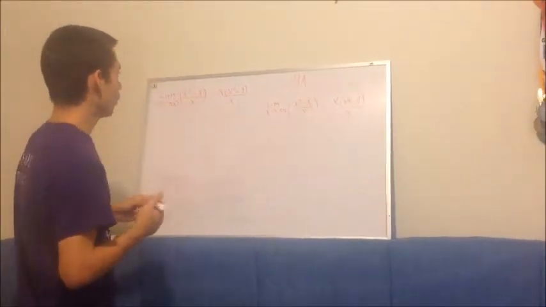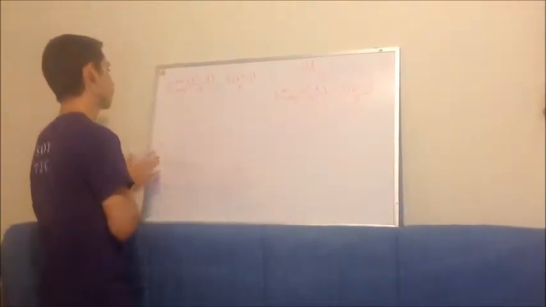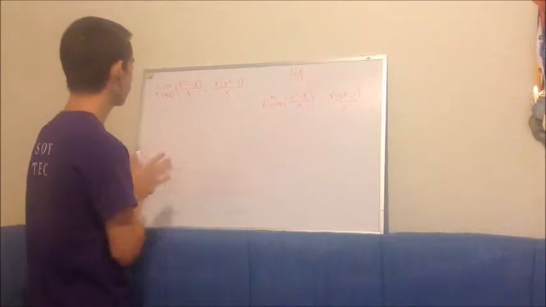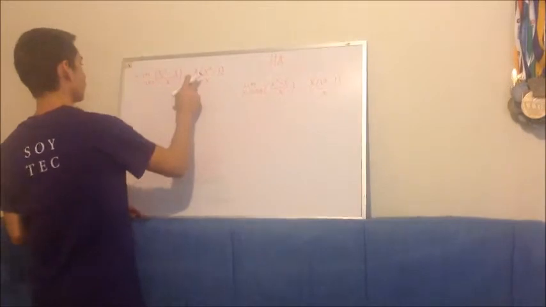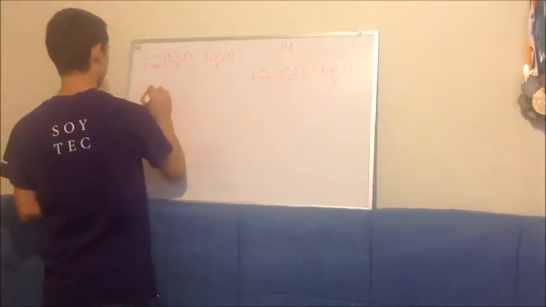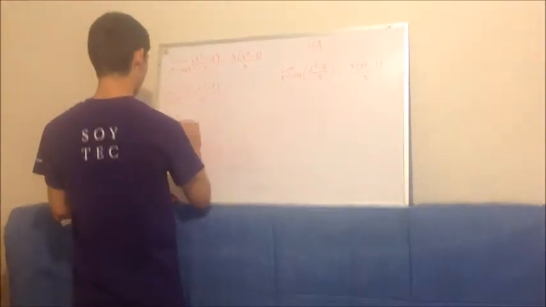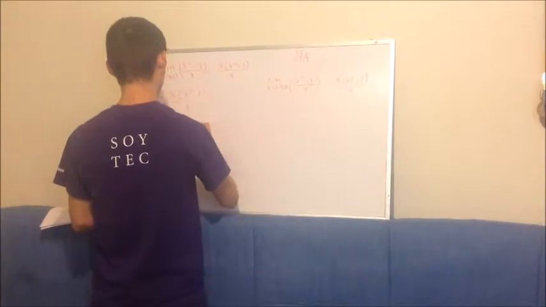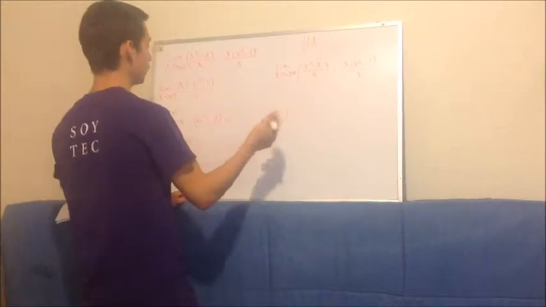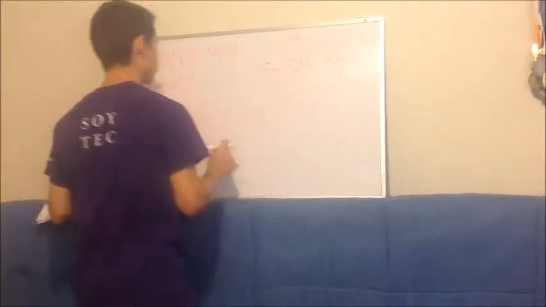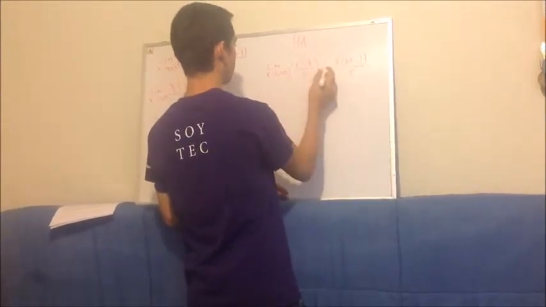To obtain the horizontal asymptote, you need to use the limit for x approaching infinity and factorize the function. Simplify and substitute: infinity squared minus 1 is infinity. Then you use the limit when x is approaching minus infinity.